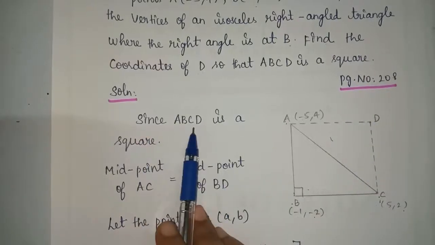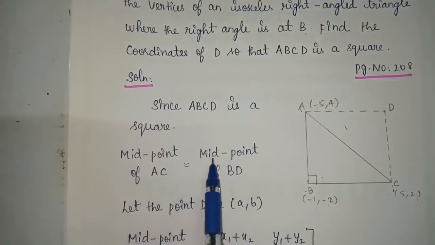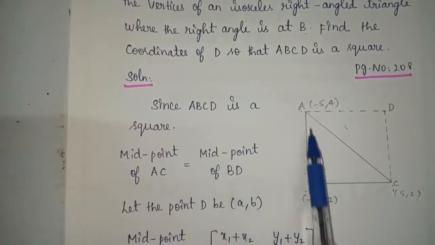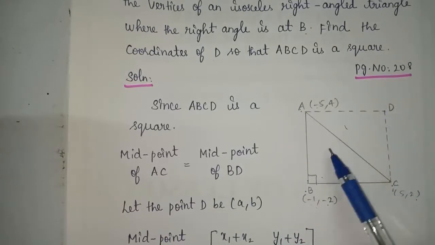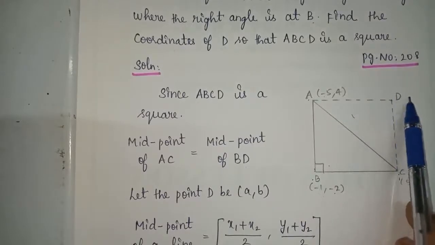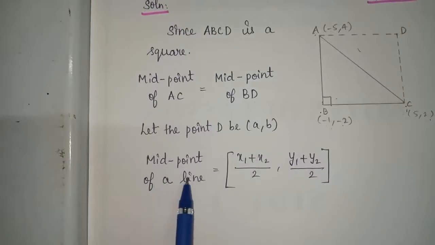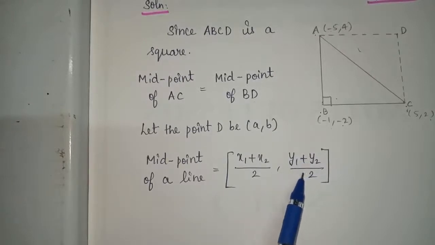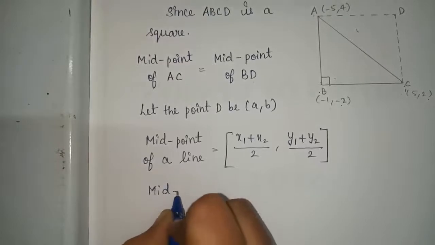So solution: since ABCD is a square, the midpoint of AC is equal to the midpoint of BD. So the midpoint of AC and the midpoint of BD are obviously equal. So we are considering the point D as (a, b). First, this is the formula for the midpoint of a line: midpoint is ((x1 plus x2) by 2, (y1 plus y2) by 2). First, we are going to find the midpoint of AC.